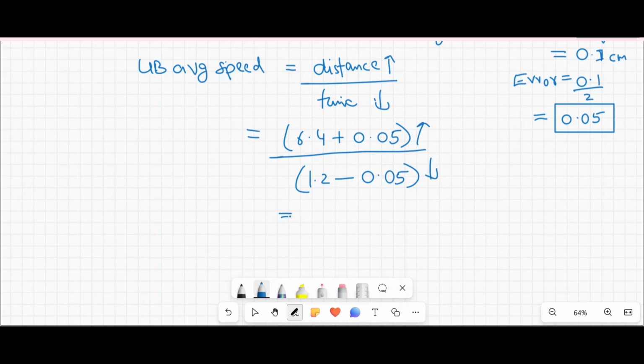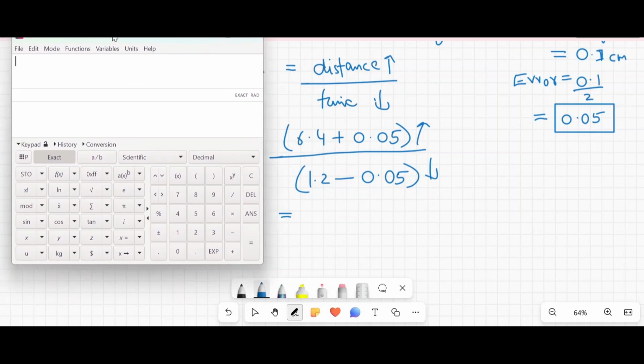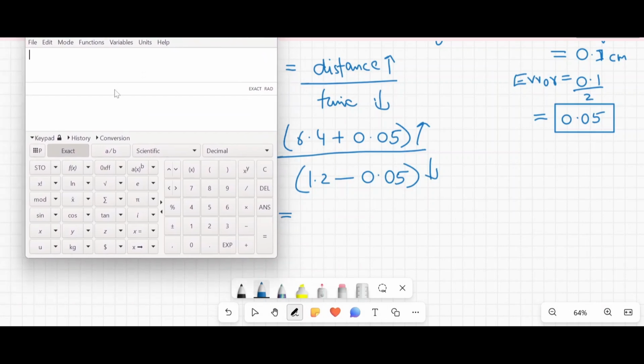So now let's use the calculator. We have 6.4 plus 0.05, whole divided by 1.2 minus 0.05.